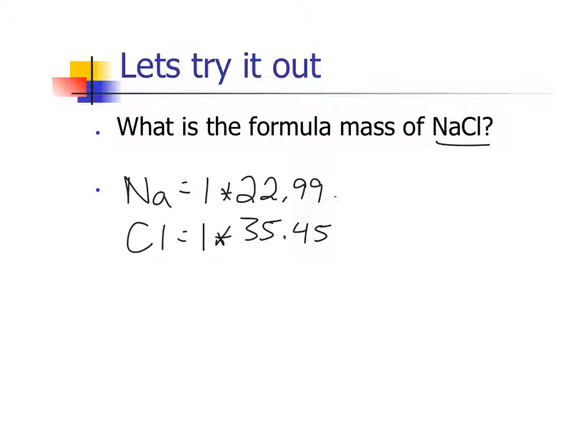When we see that the math isn't really all that hard, so 1 times 22.99 is 22.99, and then we go with the 1 times 35.45, and we can see that, wow, that was really easy math.